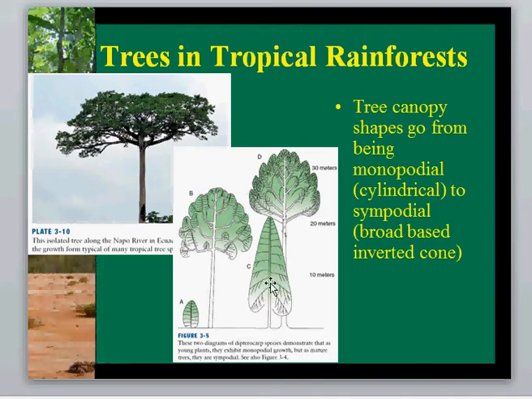So trees in the understory really have a cylindrical or monopodial type of shape. And that shape is the most efficient at collecting light in this understory, where light doesn't come from any one direction.